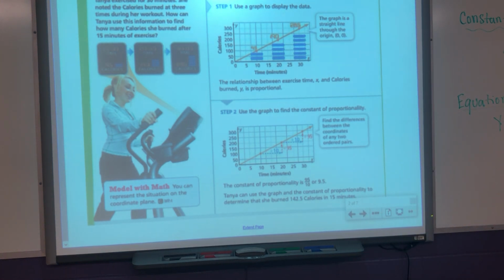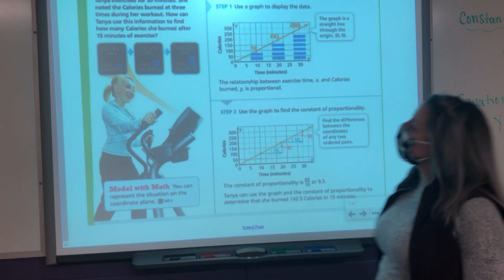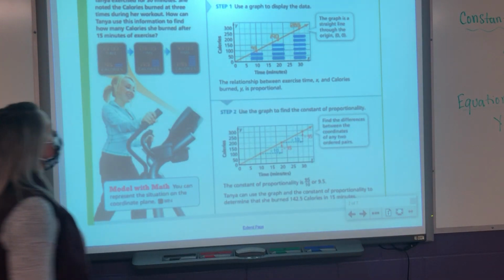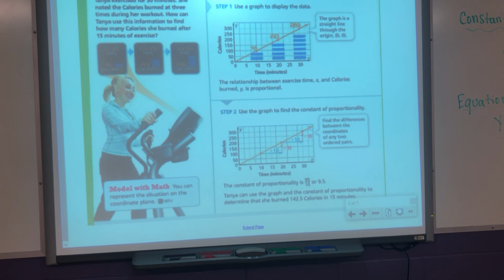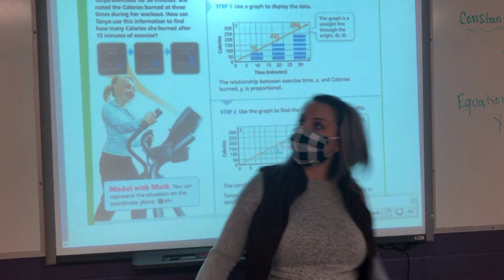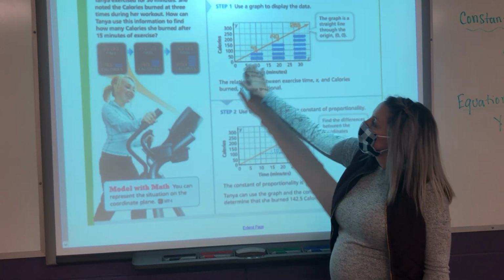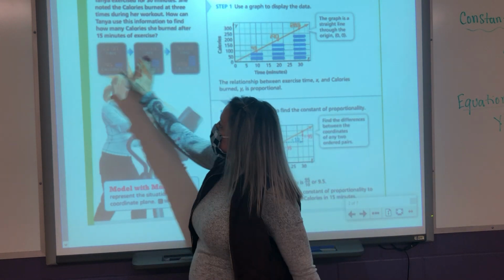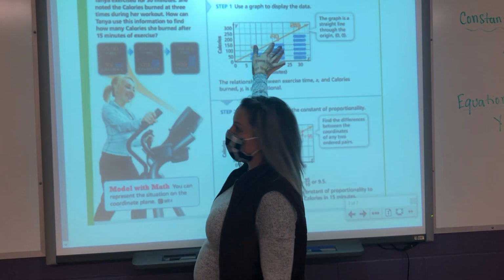So here's Tanya. Tanya's working on her elliptical. She's exercising for 30 minutes. She noted the calories burned at 3 times during her workout. How can Tanya use this information to find how many calories she burned after 15 minutes of exercise? So in our table here, in our graph, she took these times and put them into a graph, right?